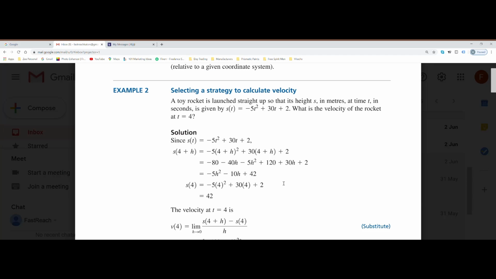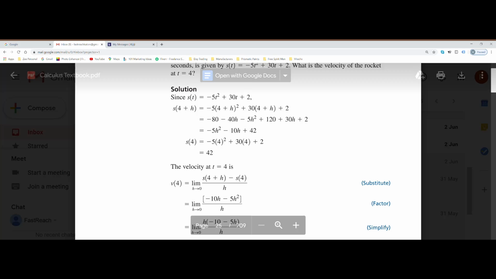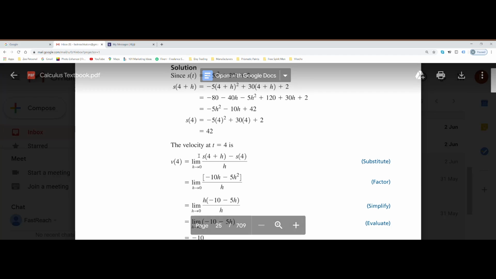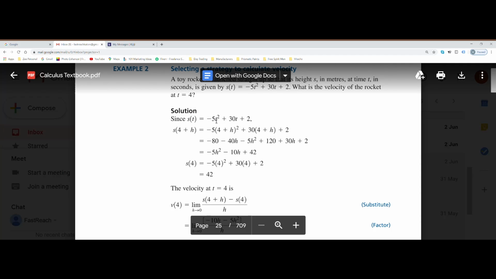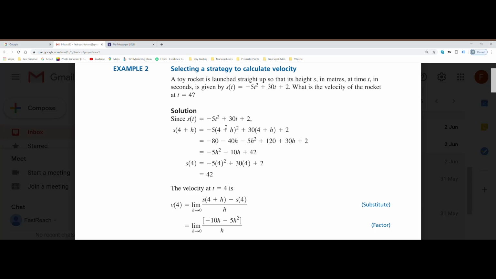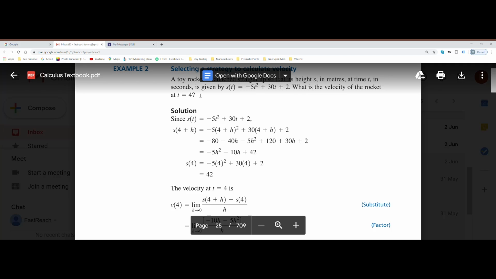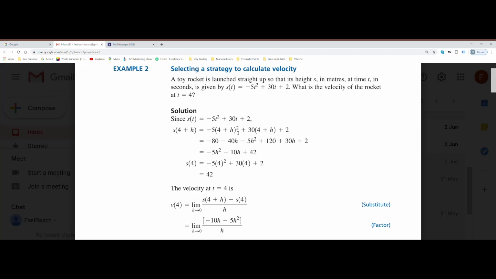Now we're going to look at how they're finding the limit. What you do is you take this equation, and wherever there's a t, you put the t value plus h. So negative 5 times (4 plus h) squared plus 30 times (4 plus h) plus 2. When you expand it out, you get negative 5h squared minus 10h plus 42, and you have to subtract what you get in this.